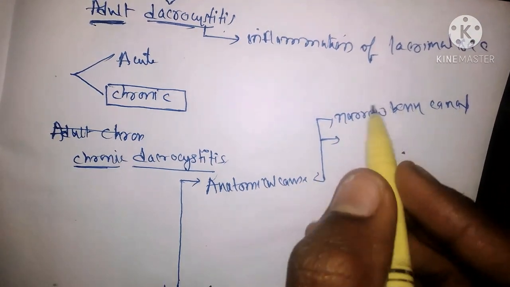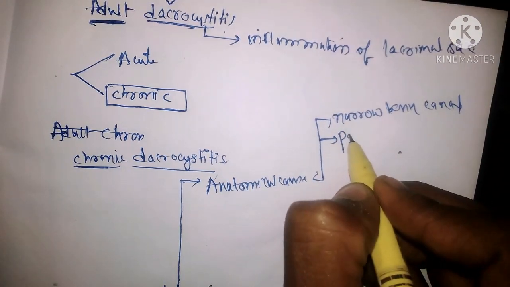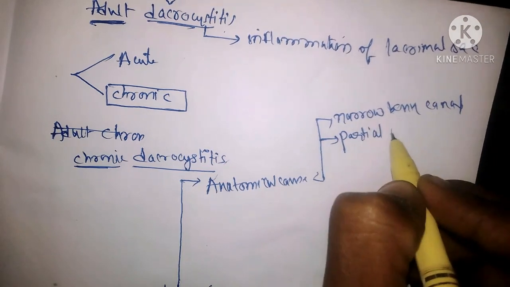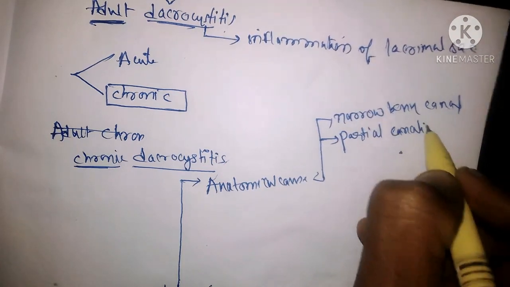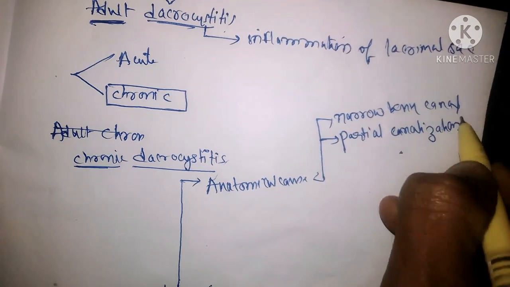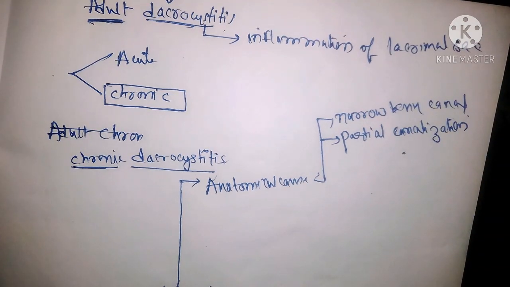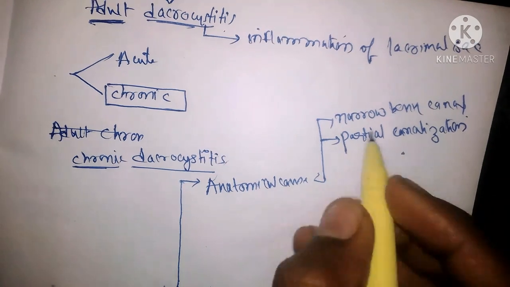Second is when there is partial canalization of the nasolacrimal duct, then it results in obstruction.